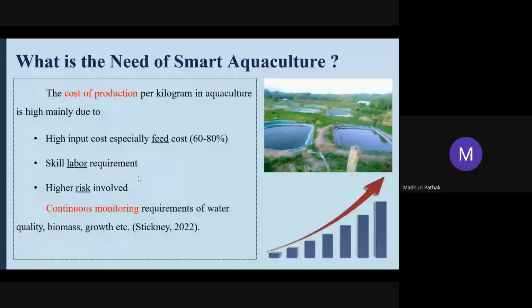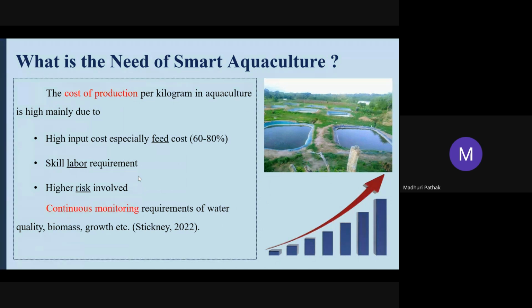So, what is the need for smart aquaculture? As we already said, the cost of production per kilogram of fish or shrimp in aquaculture is high because of high input cost, especially the feed cost. When we talk about fish, we have to provide them at least 20 to 25 percent protein rich feed.